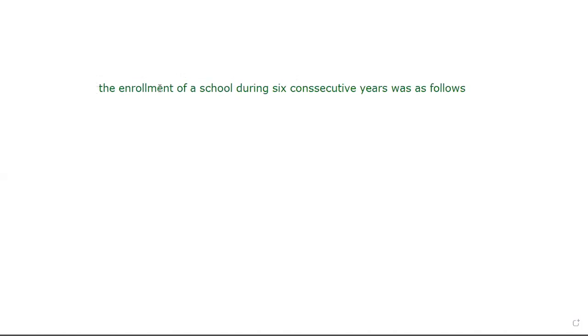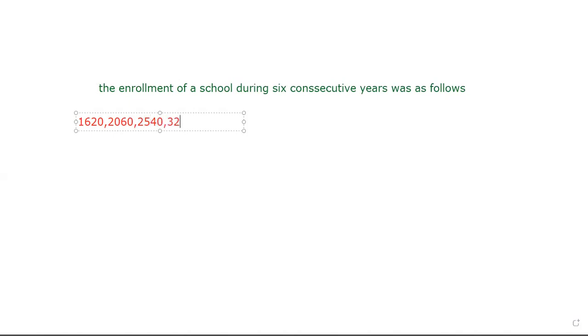So now they are just going to give the number of admissions, the number of enrollments in the school. In the first year, the count was 1620. The second year, it is 2060. Third year, it is 2540.